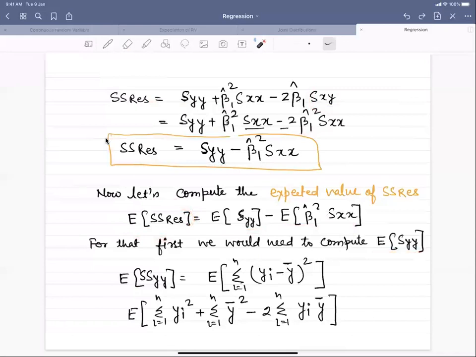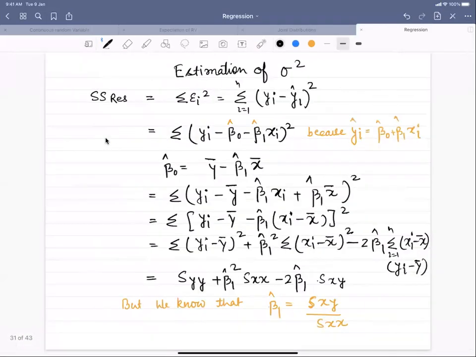So the expectation of Syy. Syy will be equal to the expectation of summation over i=1 to n of (yi minus y bar) whole squared, because just now we have proved that this is Syy.